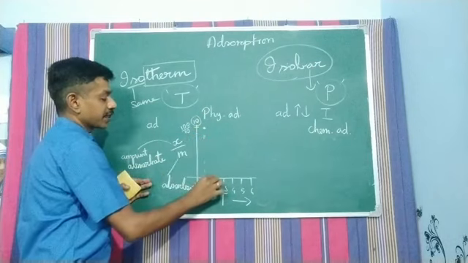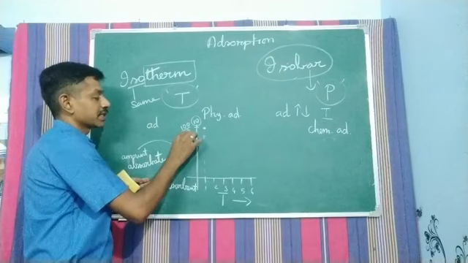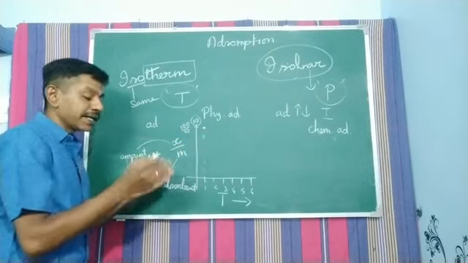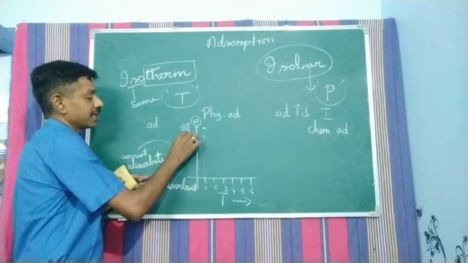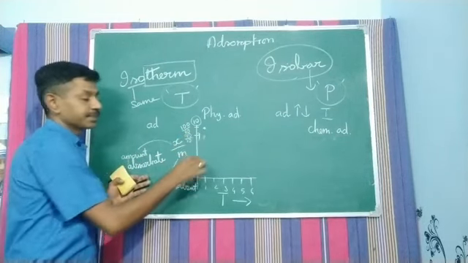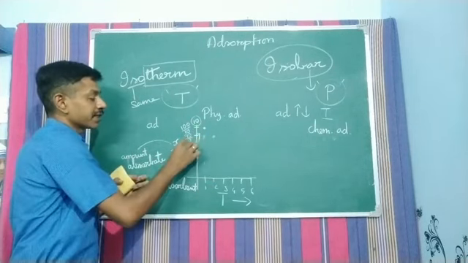Maybe we will take a temperature of 2 degrees. I am increasing the temperature, then what happens? The amount of adsorbate fixing onto the surface will slowly decrease. That means it will go away from the surface of the metal. Then it becomes 90 by 10. The value becomes 9. It decreases. Again I am increasing the temperature.